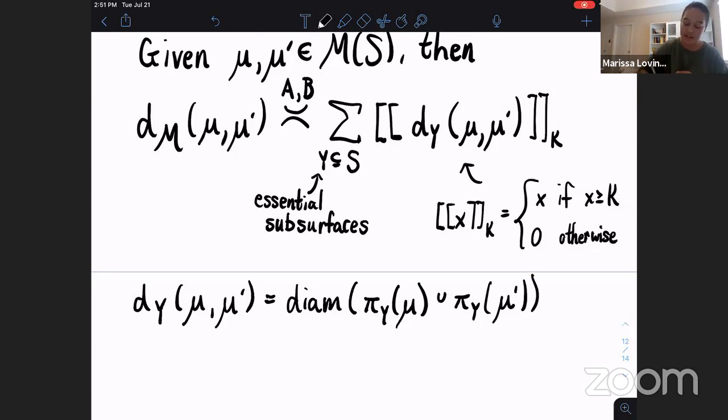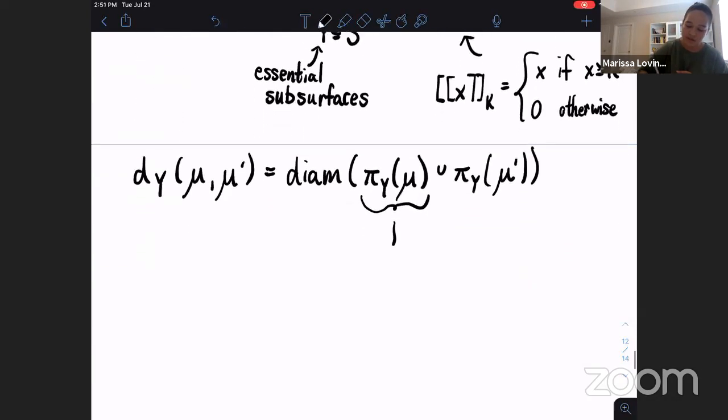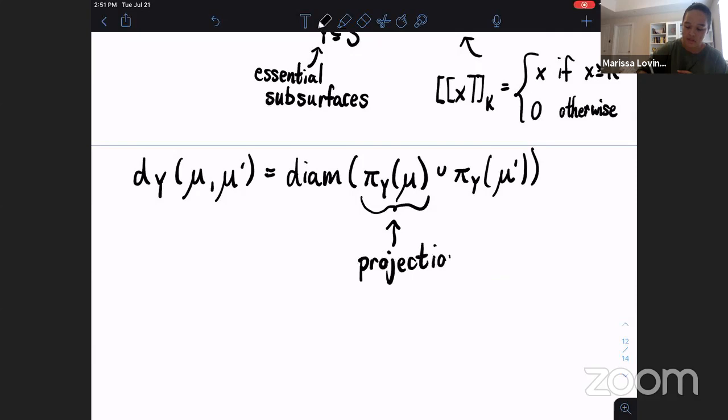One thing I didn't think of until just now is that I only talked about the projection of a single curve. So this is the projection of a multi-curve, right?